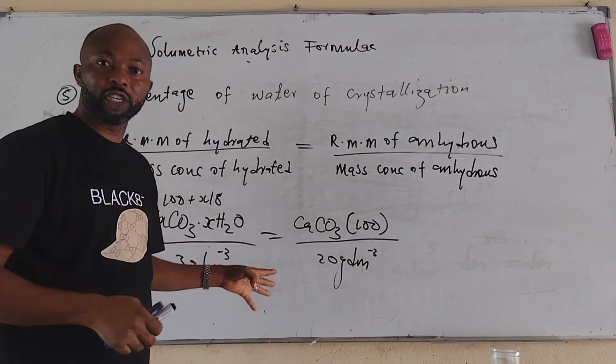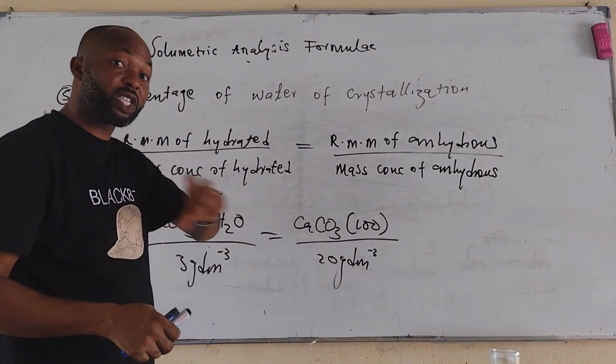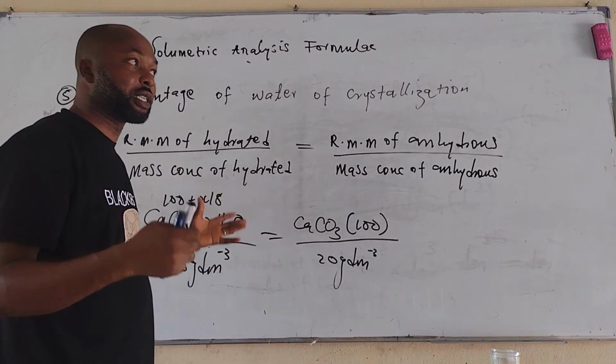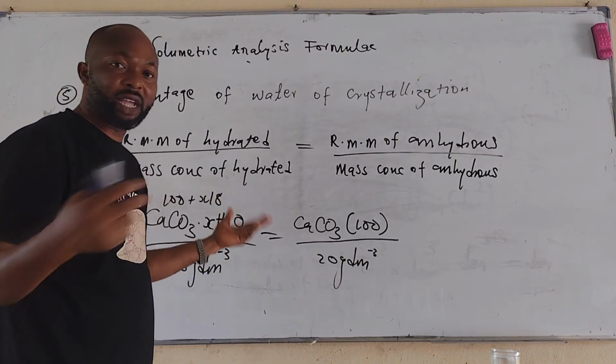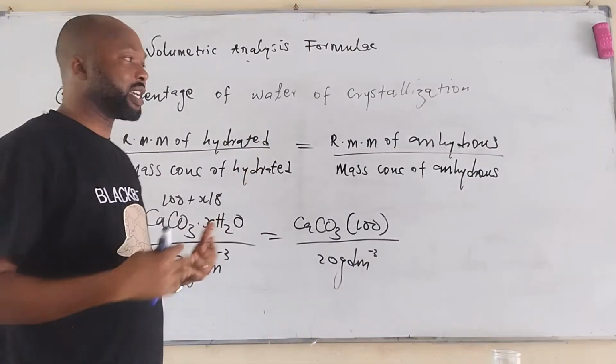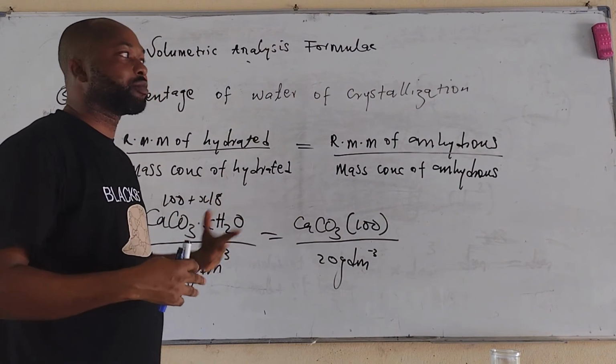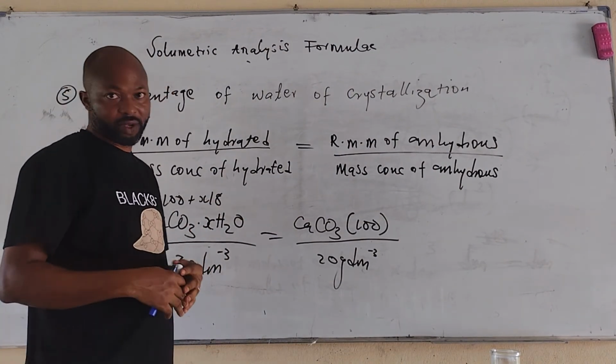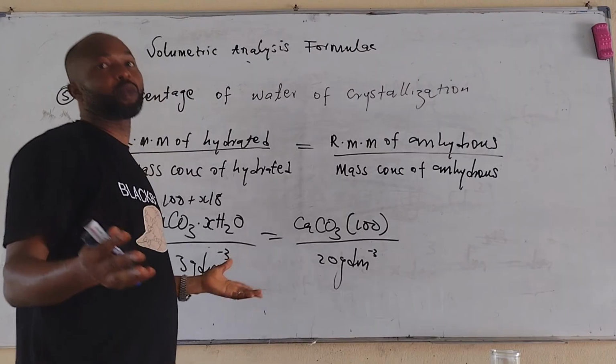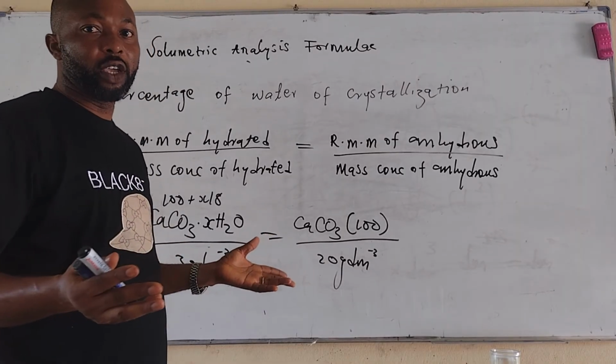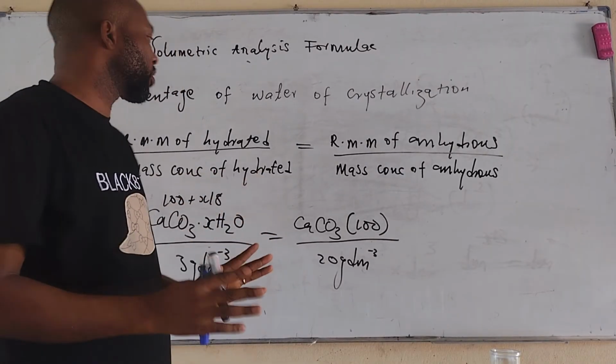We make X the subject of the formula to know the number of moles of water of crystallization, to know whether it is dihydrate, trihydrate, pentahydrate, hexahydrate, decahydrate, whatever it is. So when you get that, you can proceed further to do any other calculation which is required.